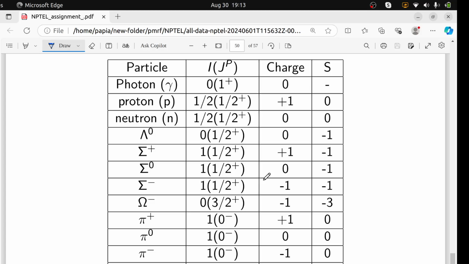Obviously, this table is not a complete one. There are so many other particles too, but I have mentioned these here because in most elementary particle physics questions, these particles are present. So that's why I mentioned these particles: charge, S, I, Jp value.